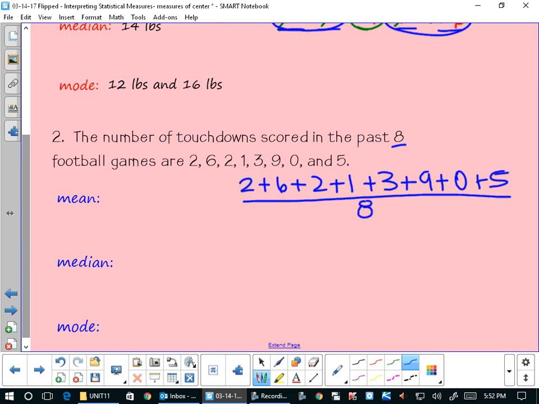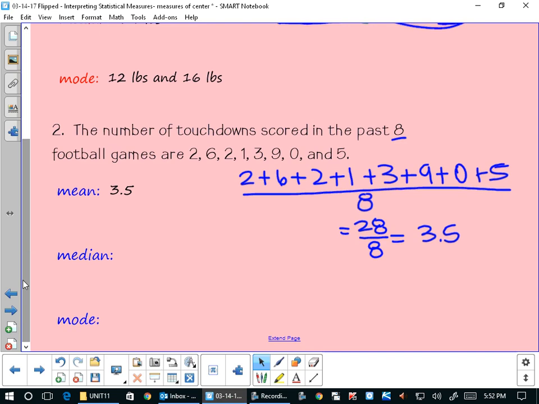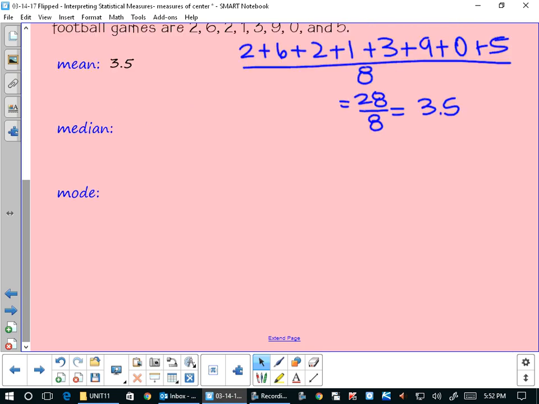So I'm going to add all these up in the calculator. I get 28 divided by 8 is 3.5. So the average number of touchdowns scored in the past 8 games is 3.5 touchdowns.